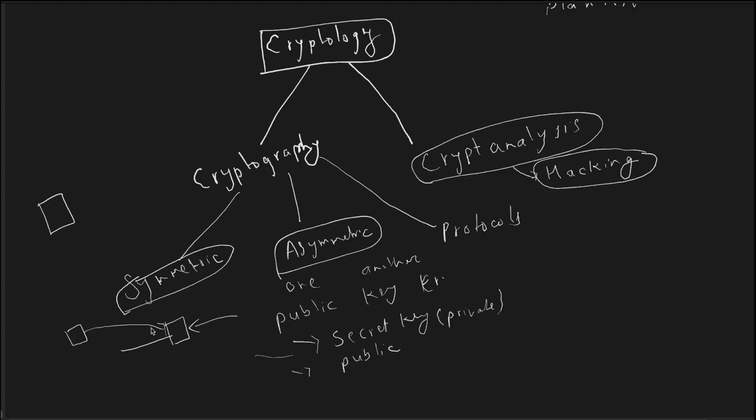Unlike symmetric, where both the sender and the receiver use the exact same key and the key is visible to both of them, here the secret key is only visible to the sender. The sender has the secret key, and the receiver is going to receive the message sent by the sender through this public key. This is the idea of asymmetric cryptography, where there are two different keys, one key for the encryption, the other key for the decryption.